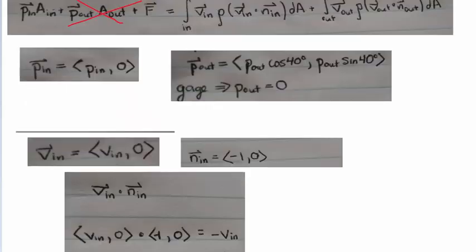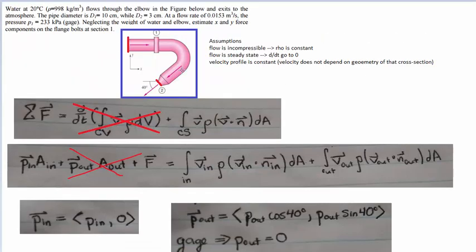I'll scroll up a bit just to explain the signs here. As the velocity of the water is pointing outward, you'll see that it's going both left and down. So as you see this angle to the horizontal, cosine 40 is going to get you the horizontal component, and sine 40 is going to get you the vertical component. And again, since they're going left and down, it's going to be negative.